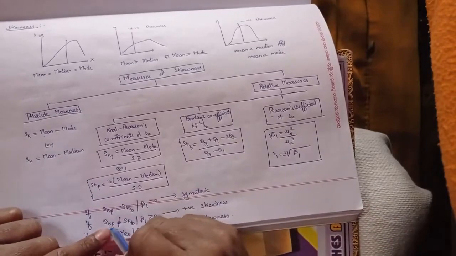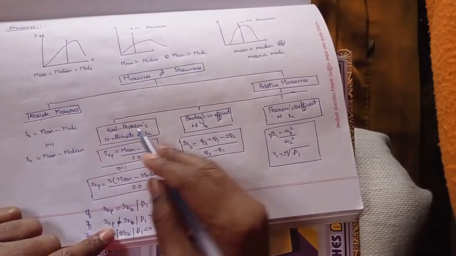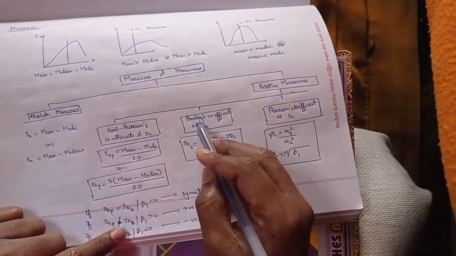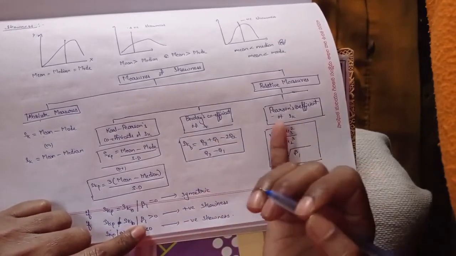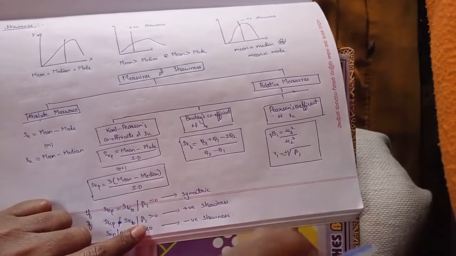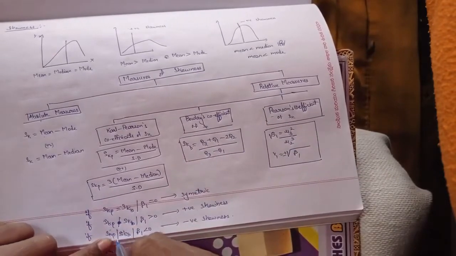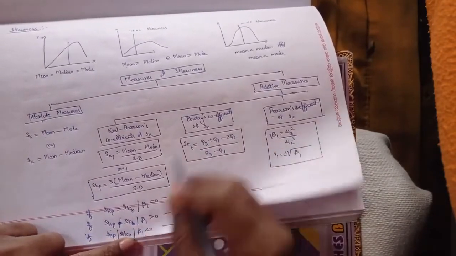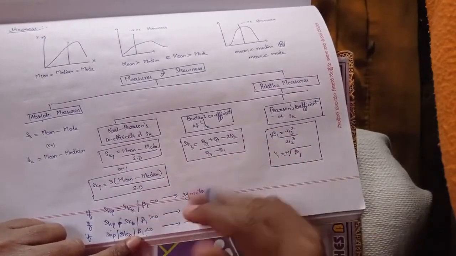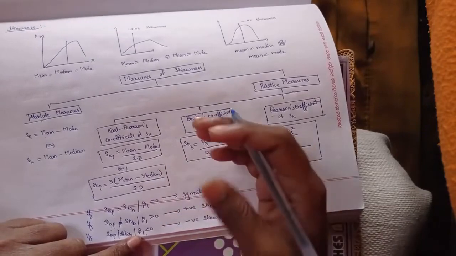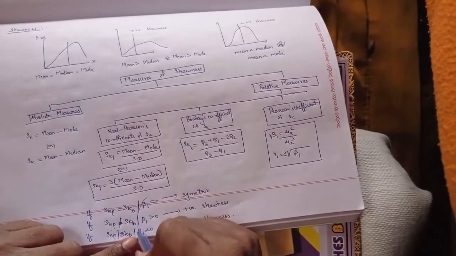Else if SKP as well as Boyle's, and beta 1 are greater than 0, we say that it is positively skewed. If SKP or SKB, and beta 1 are less than 0, it will be negative skewness. All the skewness will be based upon these two itself.